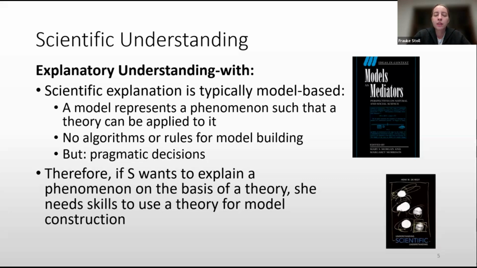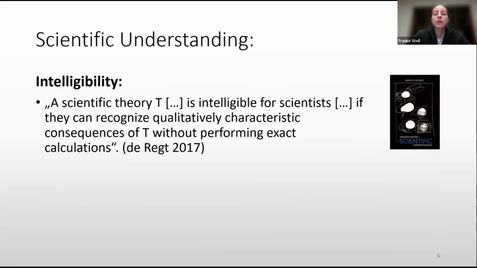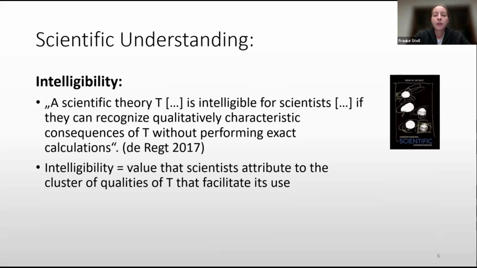And importantly for this kind of understanding is that the theory needs to be intelligible to the scientists. Now, what is intelligibility? De Regt argues that a scientific theory T is intelligible for scientists if they can recognize qualitatively characteristic consequences of the theory T without performing exact calculations. So intelligibility is the value that scientists attribute to the cluster of qualities of a theory that facilitates its use.